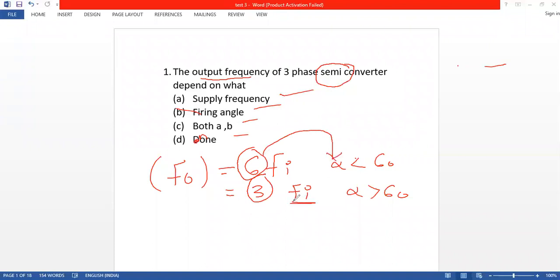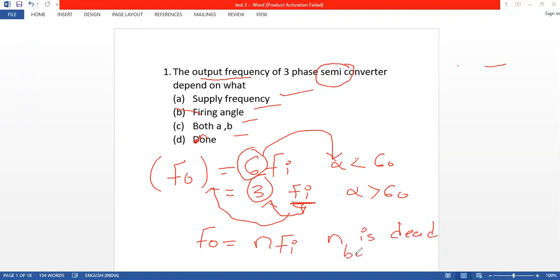Firing angle. What is Fi? Fi is the input frequency. So you can say these two decide the output frequency. So F naught you can say N into Fi, where N is decided by alpha. Alpha is the firing angle.